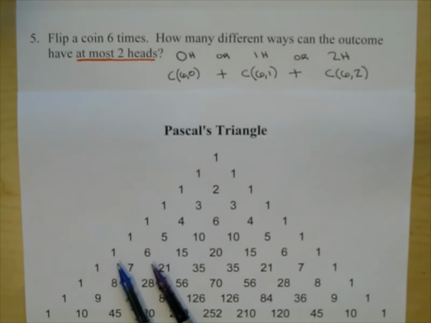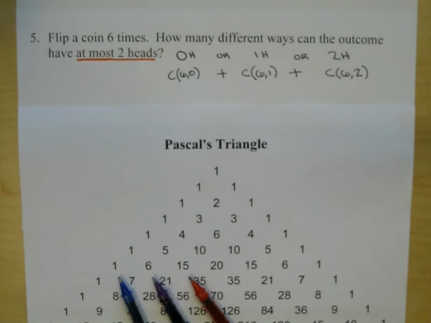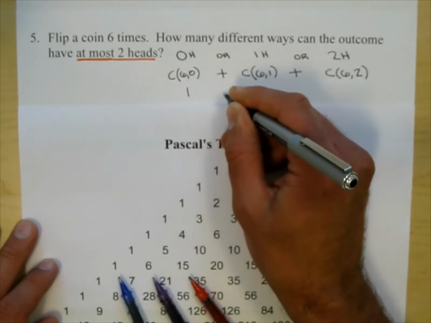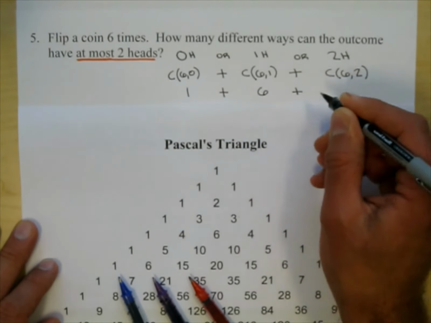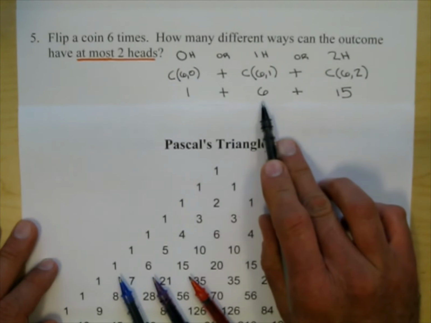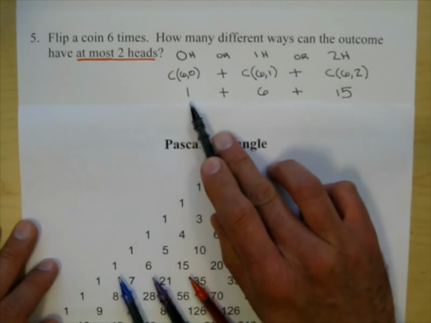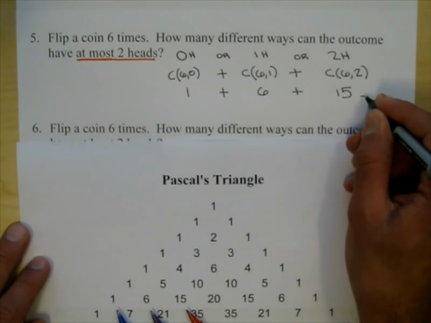And 6 choose 2, which is that guy right there, which is the 15. Okay, so it looks like I have 1 plus 6 plus 15. 21, 22. This adds up to 22. There are 22 ways that this can happen.